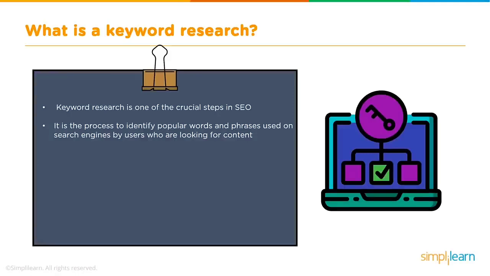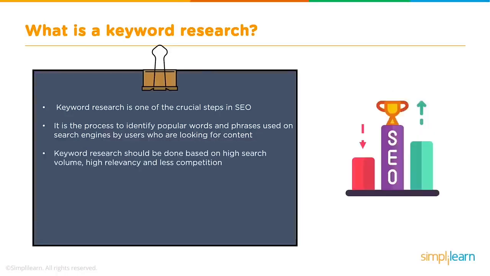So you need to understand what those keywords are. So are they relevant to the content that you want to be found for? If they are, then really the two factors you want to look for is the volume, how much volume or traffic each keyword has associated with it, and then the competition. How many other websites are trying to be found for the same keyword? So those are the factors involved with keyword research.